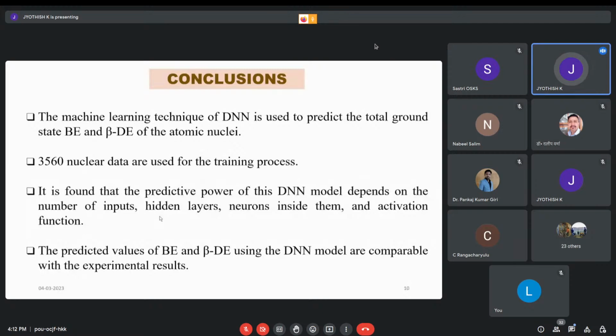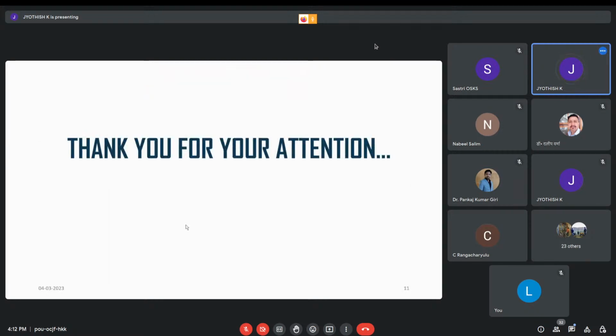The predicted values of binding energy and beta decay energy using the DNN model are very much comparable with the experimental results, and interestingly it is a far better model than FRDM and HFB. So thank you for your kind attention.